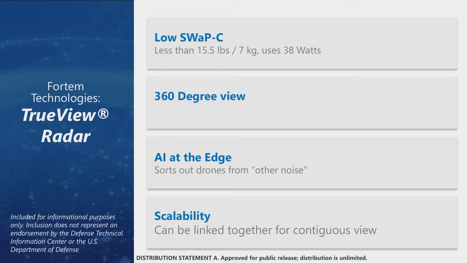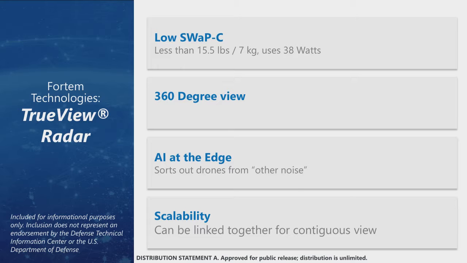The next one is the Fordham Technologies TrueView radar. That one features a very low size, weight, and power. It's less than 15.5 pounds. It only uses 38 watts to power. It has a 360-degree view, and it does offer some AI at the edge, so it sorts out the drones from other noise.